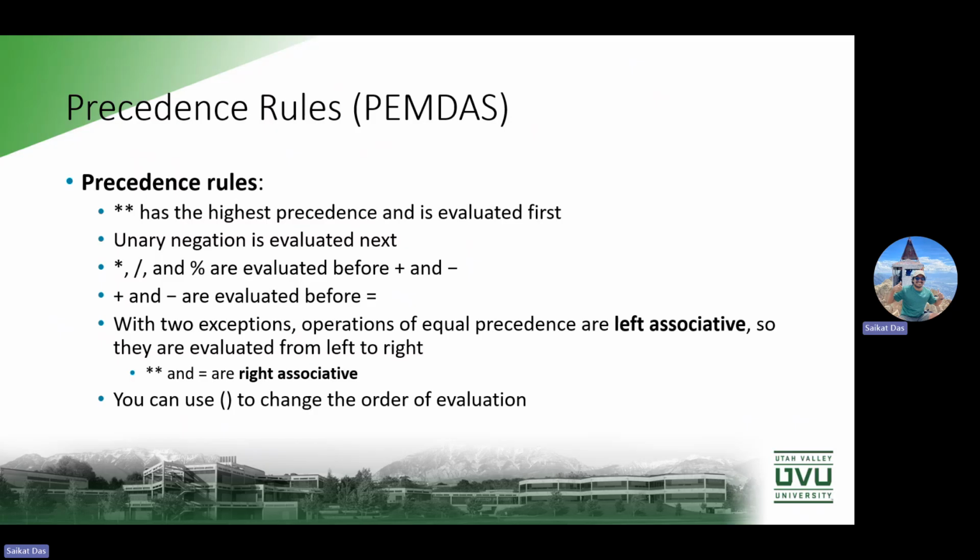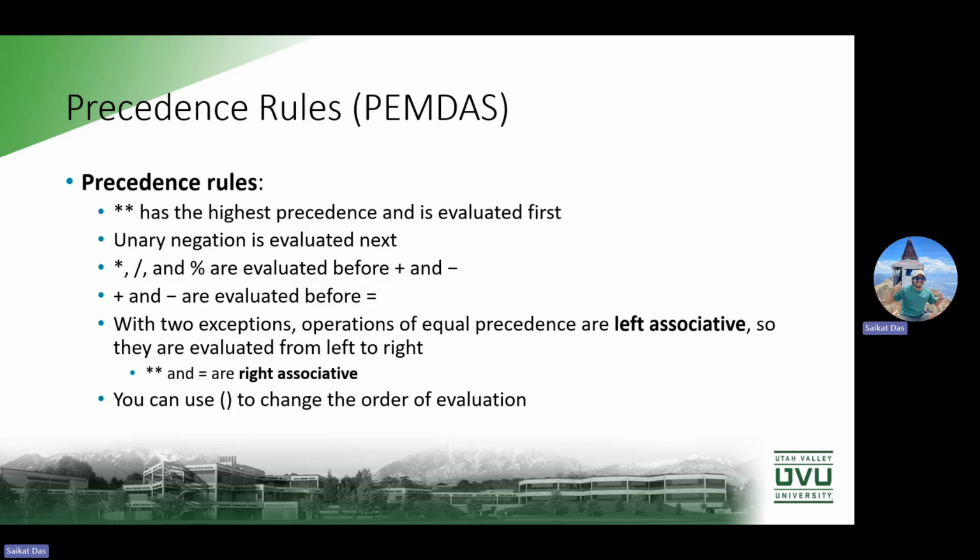In our case, let me remove the modulo operator here, the multiplication or division. To start with the parenthesis, there is no parenthesis here. If I'm writing parenthesis here, that means I need to start from here. 20 minus 30 is negative 10, right?